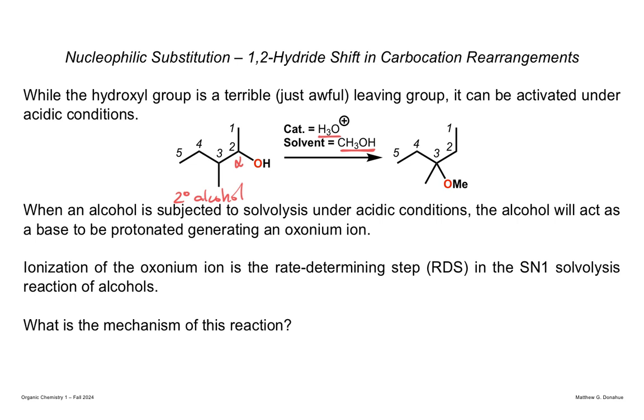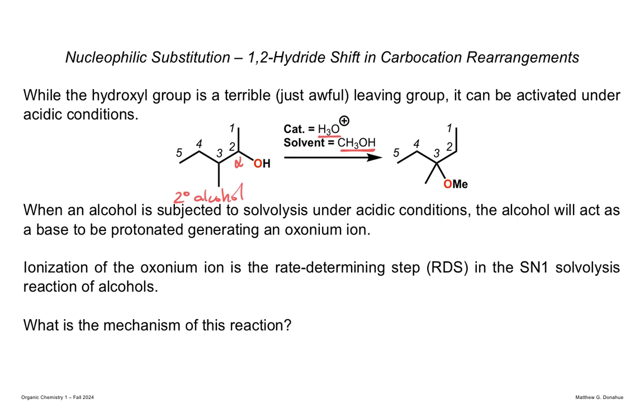When you look at the reaction as it's drawn, does something stand out to you? Just visually looking at what you're starting with, what you're ending up with. So the OH is on carbon 2, and then in the product, the O-methyl is on carbon 3.